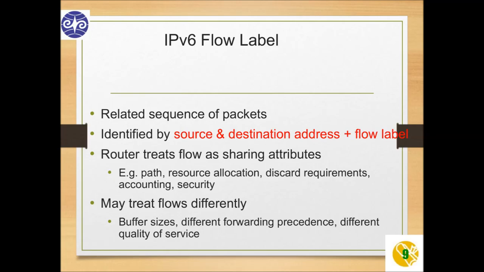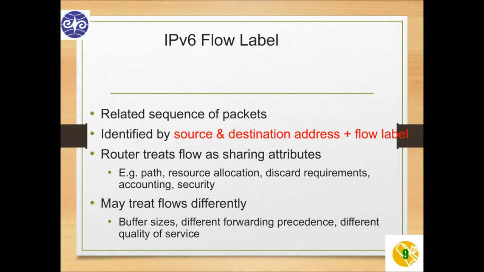Second point, identified by source and destination address plus flow label. Third point, routers treat flow and share attributes. There are multiple attributes, for example, path, resource allocation, discard requirements, accounting, and security. May treat flow differently: buffer size, different forwarding precedence, different quality of service.